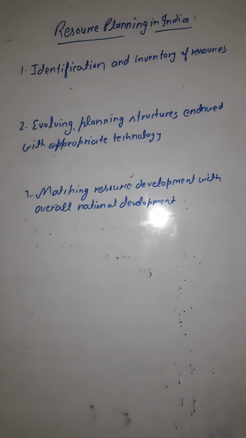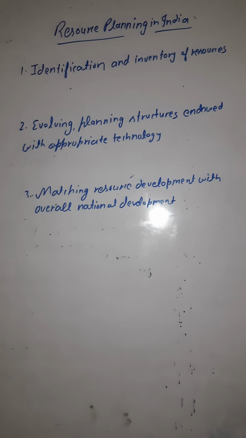Here we would survey, and there would be complete mapping of the area. There would be quantitative and qualitative estimation and measurement of the resource, how much resource is there. So that all would be done in the first step.